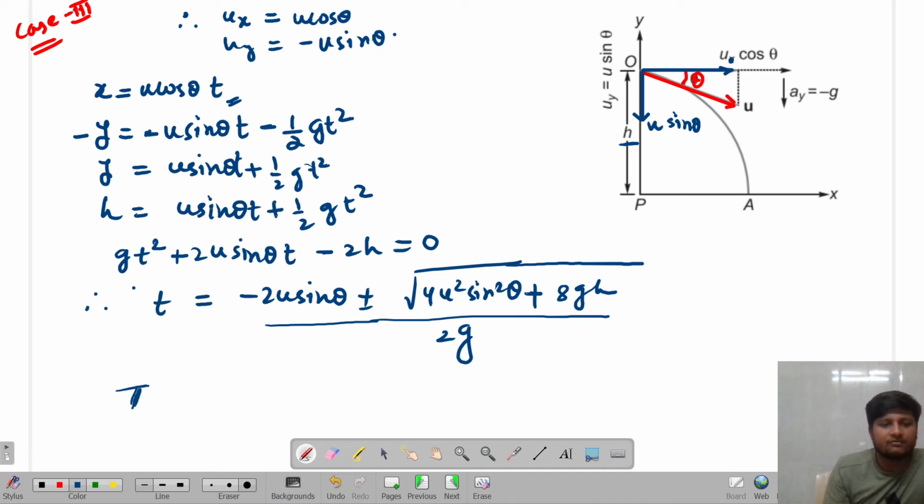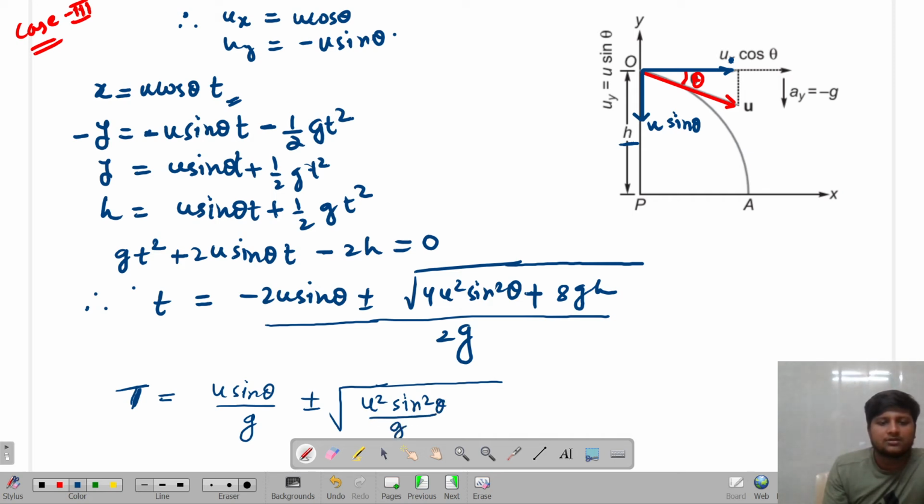As you know, I have put y is equal to h, so the total time of flight is u sine theta upon g plus minus root over u square sine square theta upon g square plus 2h upon g.